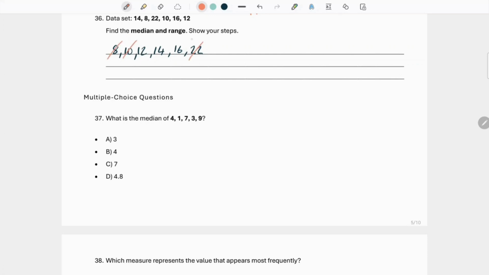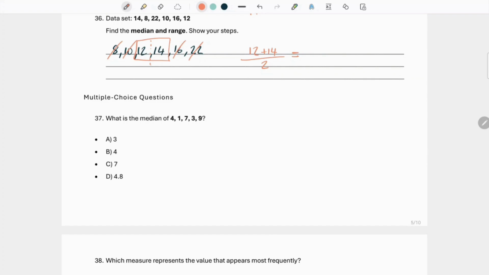1, 2. So 1, 2, and we're left with 2 numbers in the middle. Now we want to find the value that's between 12 and 14. You probably have said the answer, which is 13, but in case we've got values where it's not easy to find the value between those 2 numbers, we're going to add them together and divide by 2.